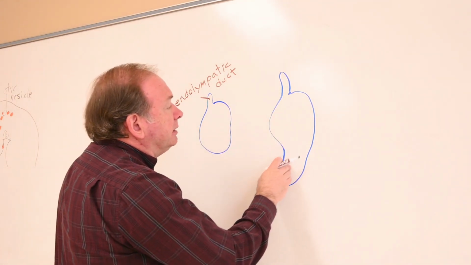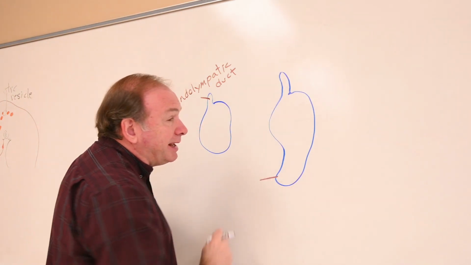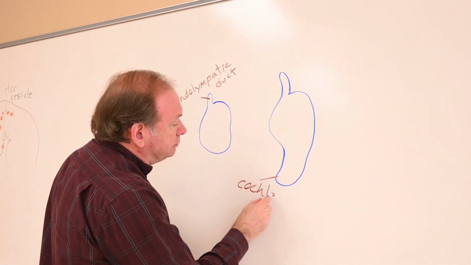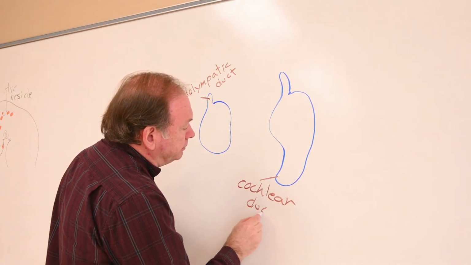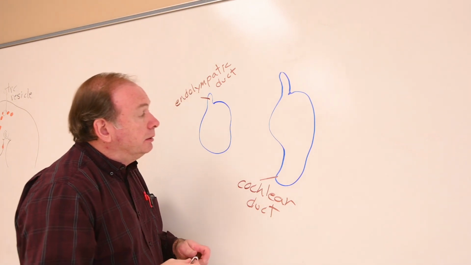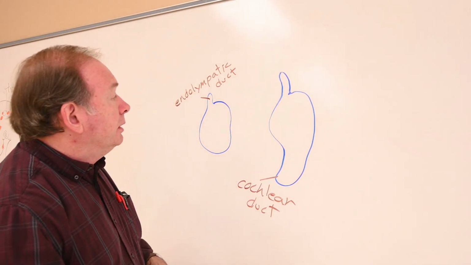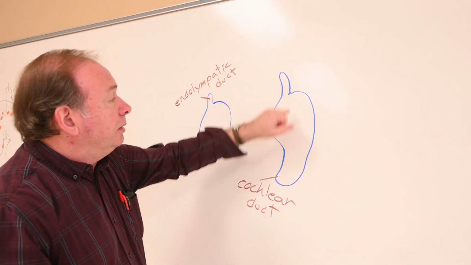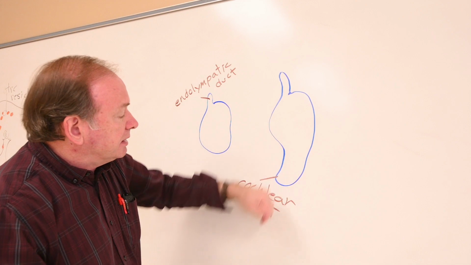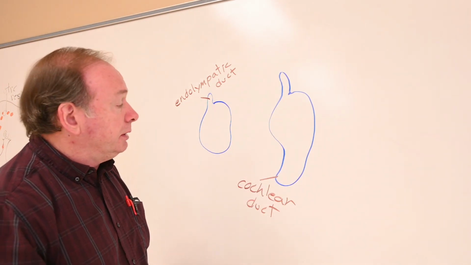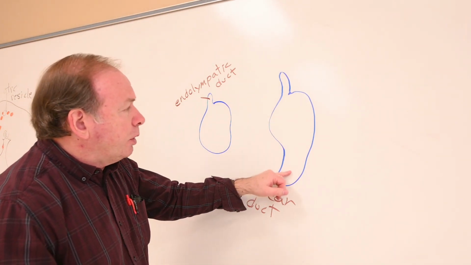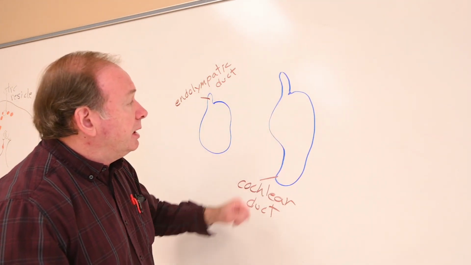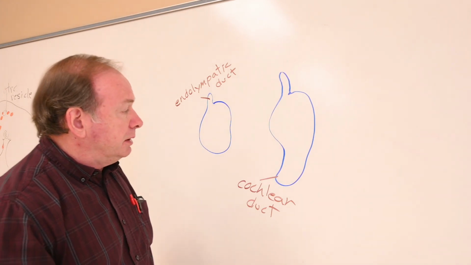Off the other end, we have the beginning of the cochlear duct. So still have this main body of the otic vesicle, an endolymphatic duct above, and a beginning extension down here that will become the cochlear duct. We probably just should call that the cochlear end of the otic vesicle at this point. But anyway, there's the beginning of what will be the cochlear duct down here.